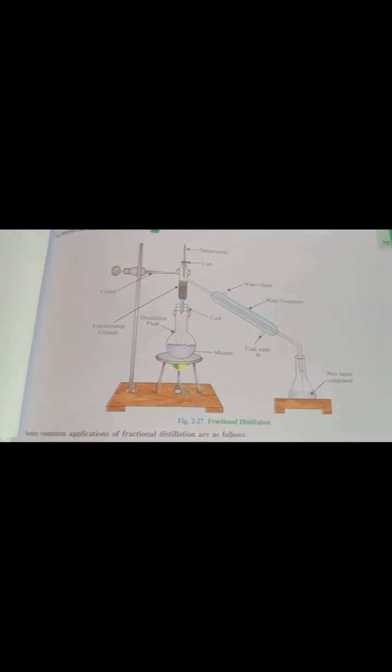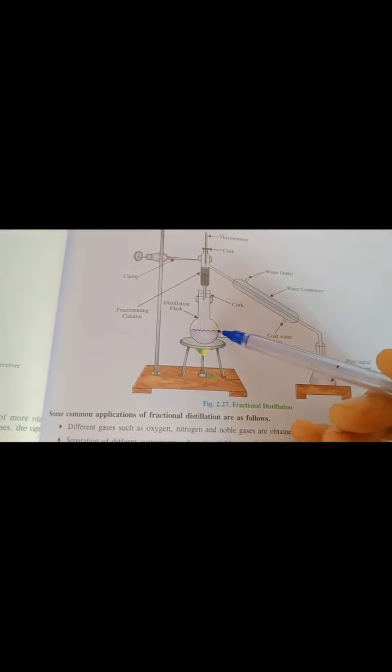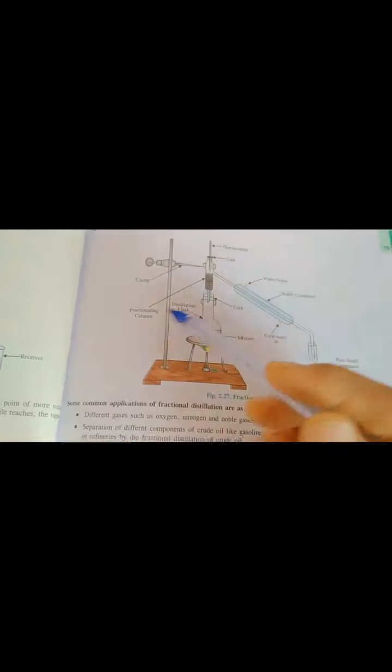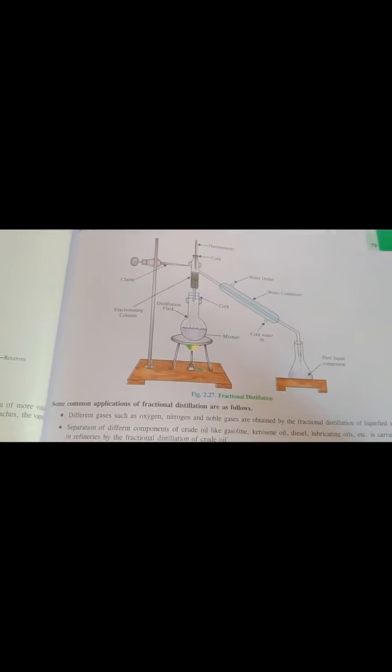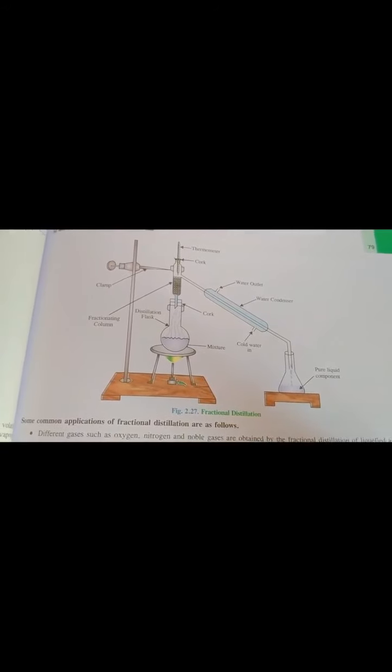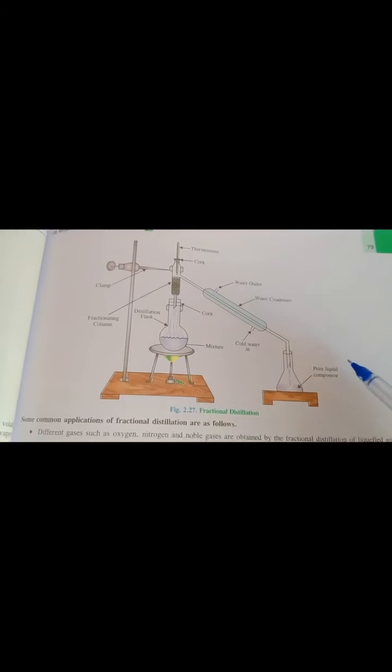So again here we will take liquids whose temperature difference is below 25 degrees centigrade. Suppose below 25 degrees centigrade you use the previous method, simple distillation, then what will happen? Both the liquids will come out together in the container.